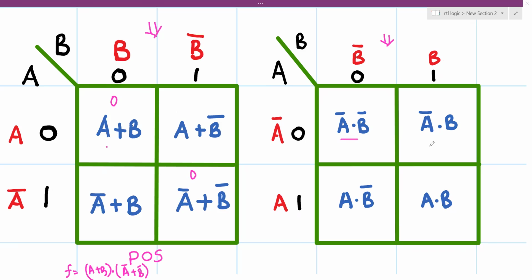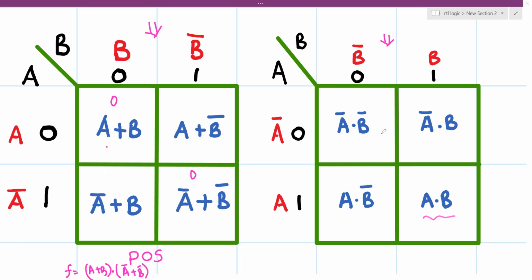Therefore, in the four cells, we have to write an expression. The first cell will have the expression A bar and B bar. The second cell, A bar and B. The third cell, A and B bar.